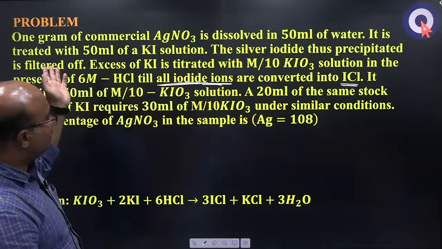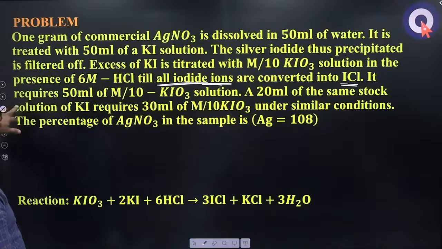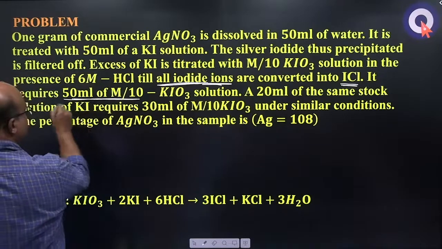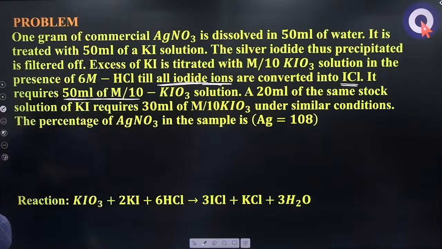Excess KI, whatever is left there. For that we titrated with this, and the KIO3 solution consumed is 50 ml. If 20 ml of the same stock solution of KI requires 30 ml of M/10 KIO3 solution under similar conditions, what is the percentage of silver nitrate in the sample?